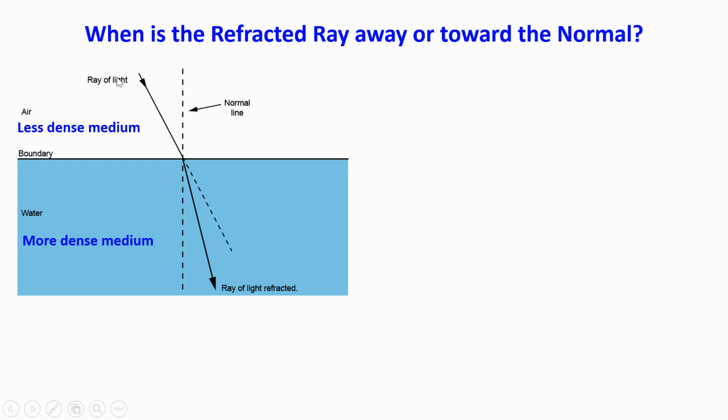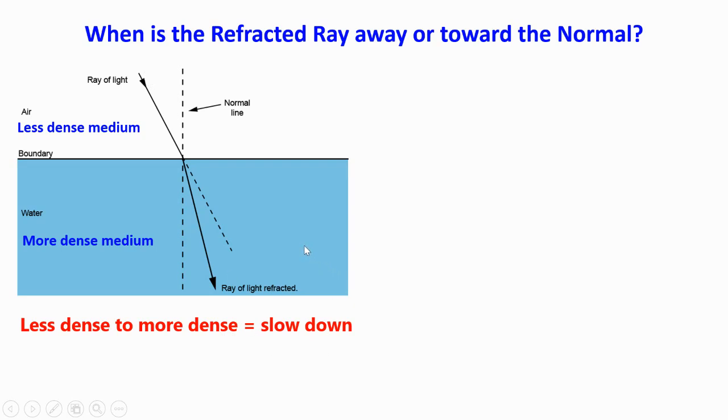A light, for example, is coming from an area with fewer particles. The minute it moves to an area with more particles, it is going to slow down. When it slows down, it's going to refract towards the normal. So less dense to more dense, the wave slows down.